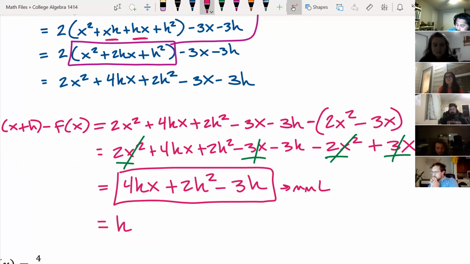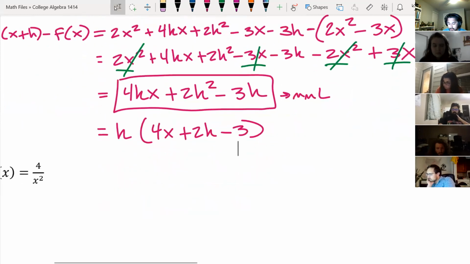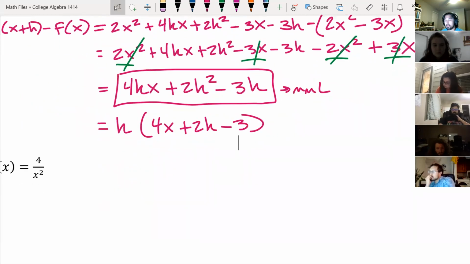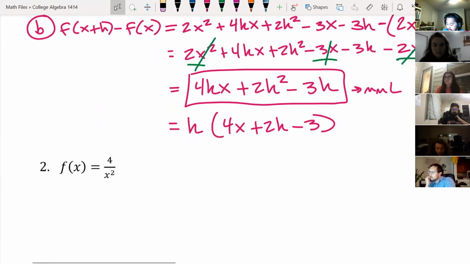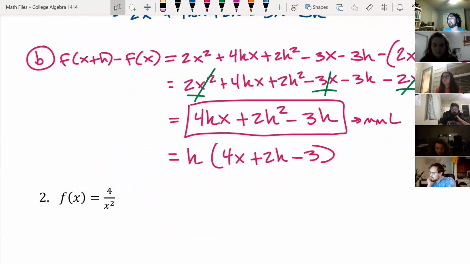So I'm going to factor out an h, and that's going to leave me with 4x plus 2h minus 3. Okay. And I know I'm running out of room, but I can fix it when I'm ready. And that's how you end step B. You factor out the h, and now we move on to step C.